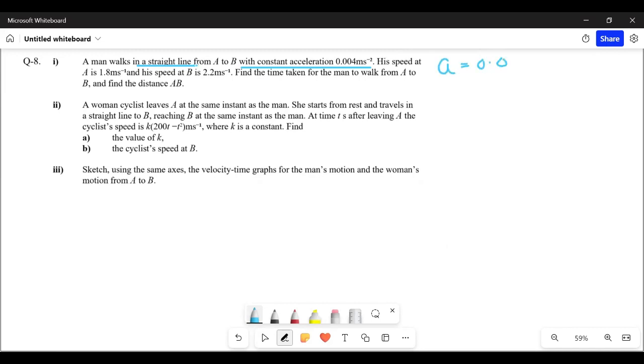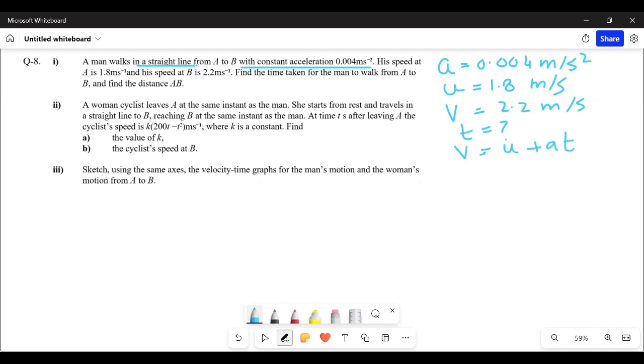A is given as 0.004 meters per second square, u is given as 1.8 meters per second, v is given as 2.2 meters per second. Now we have to find t. So we can use v equals u plus at. Substitute the values: 2.2 equals 1.8 plus 0.004t. Subtract and then divide, and t comes to 100 seconds.